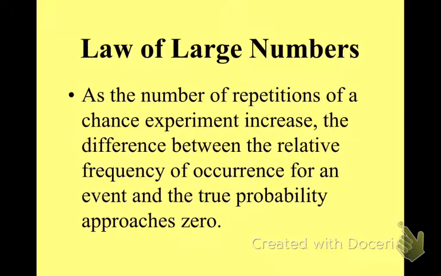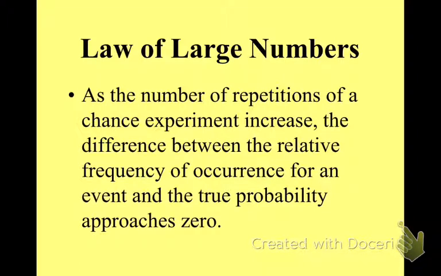The next thing, which we've kind of talked about a little bit, is the law of large numbers. Essentially, if I kept flipping coins over and over, say 100 times instead of 30, I would get closer and closer to the theoretical probability. So if you flip a coin twice and get 0 out of 2 tails, then you would say there's a 0% chance of getting tails, which isn't accurate.